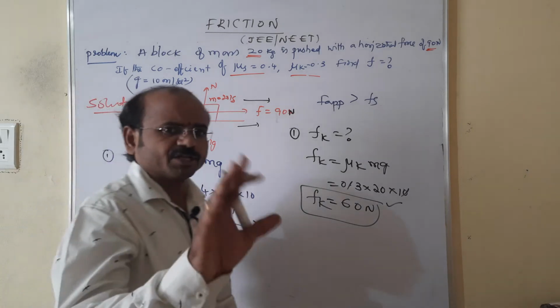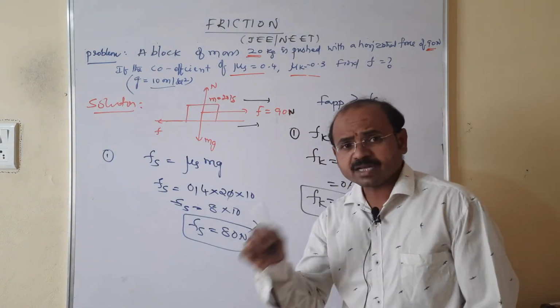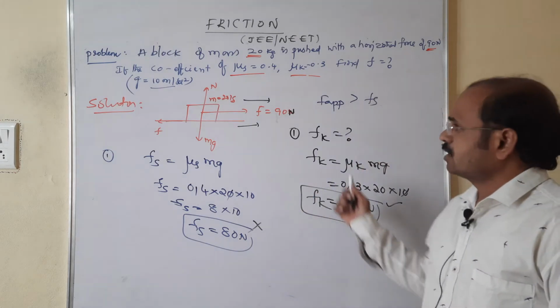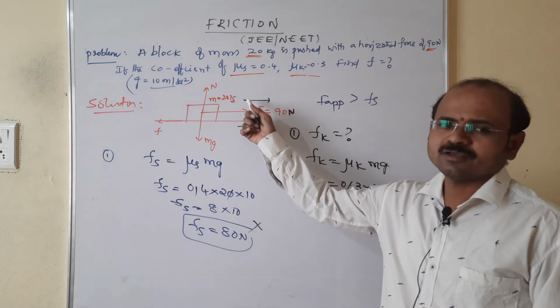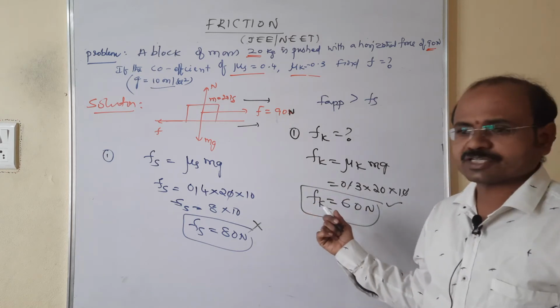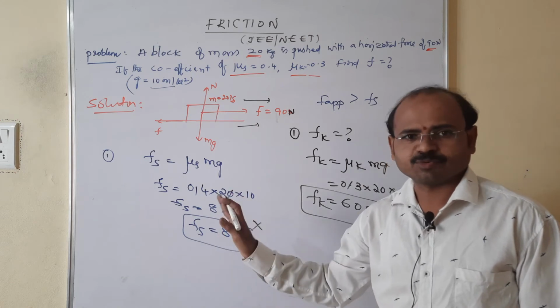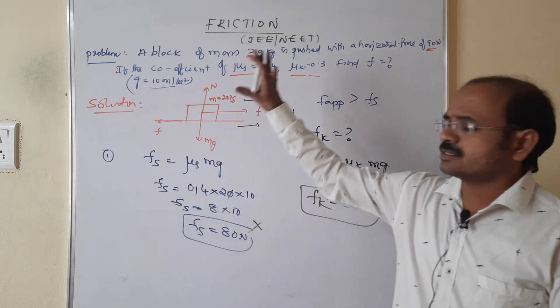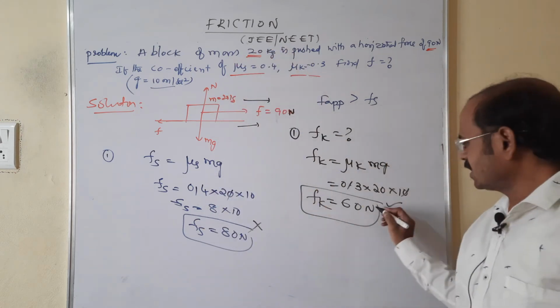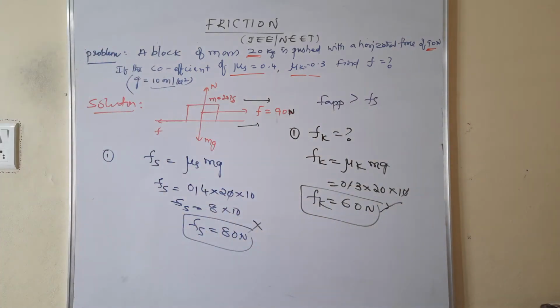In the options, they will give you four options, and these two will be there. But here we should choose only this option, because when the block is in motion, the answer is kinetic friction, not static. This is very important. So the answer is 60 Newton, because the block is in motion.